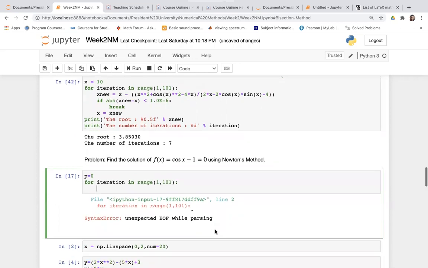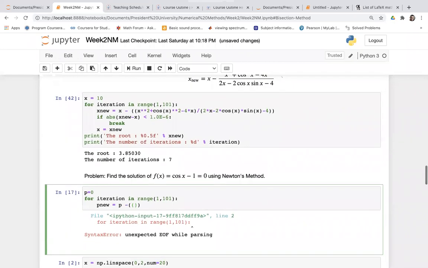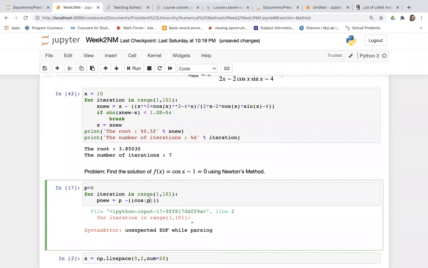And then put p new equal to p minus, yeah, and then here put f(p), cos p minus 1. This is f(p), divided by the derivative, minus sin p. Okay, sorry, this is p, yeah. Minus sin p minus 1. Okay.